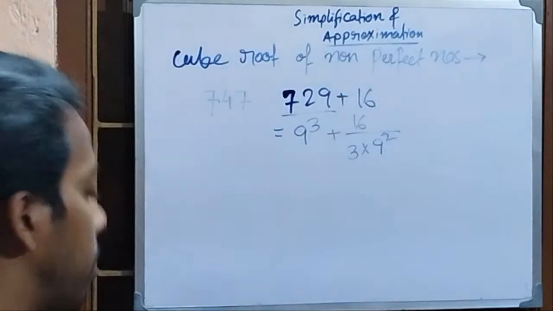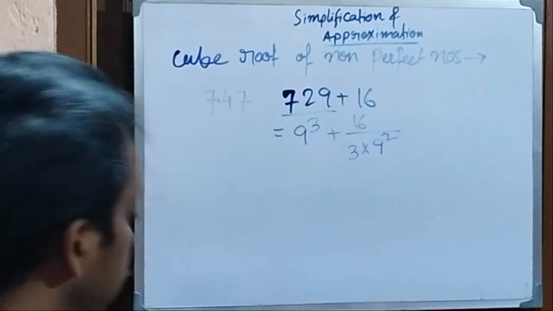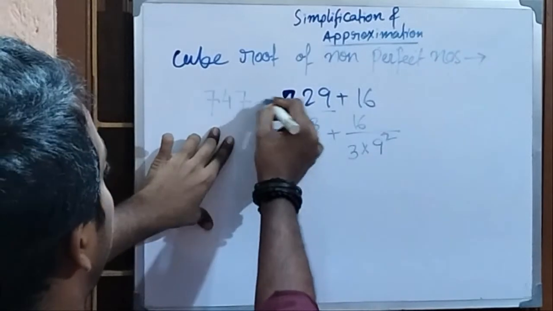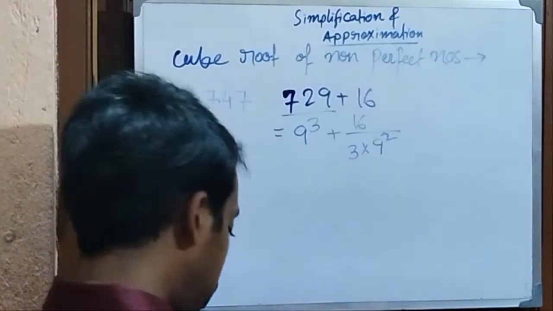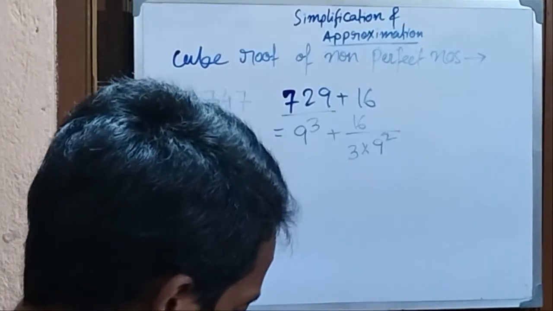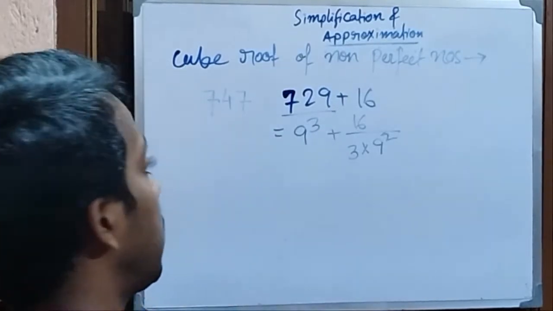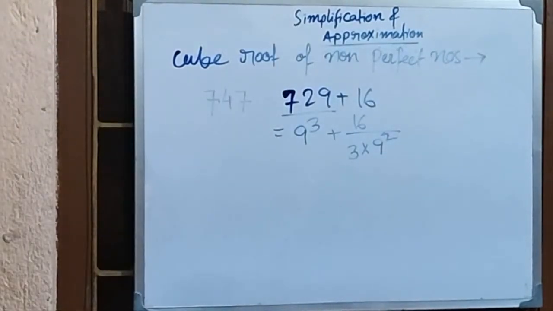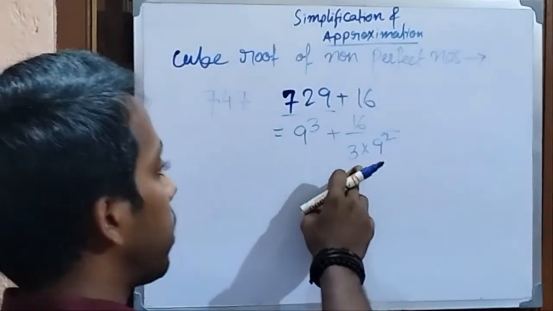Remember this step. Here is something a little bit tricky. In the cube root case, the given number is 747 and you have to find the cube root of the same. So 729 is the closest cube whose base value is 9. 9 cube gives us 729 and 16 is more than that particular number. So 16 is in the numerator and in the denominator the base number would get squared, which is multiplied by 3, and I am taking this multiplication by 3 only in the denominator part, not in the numerator, right?